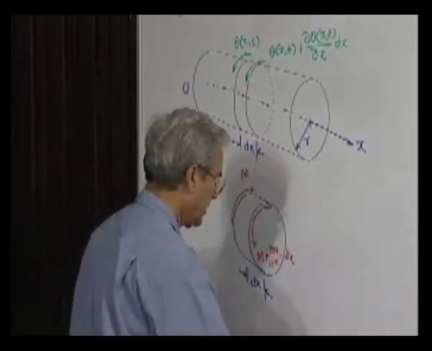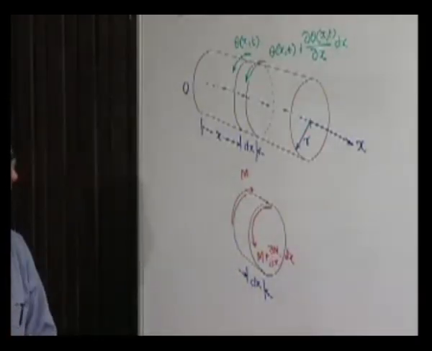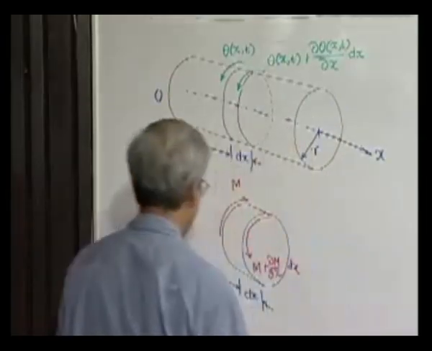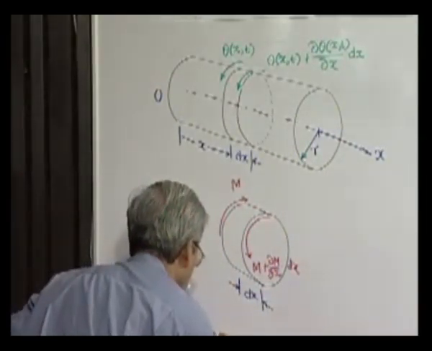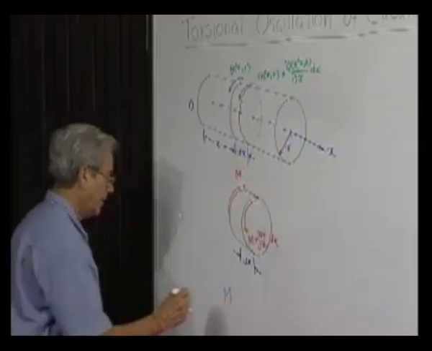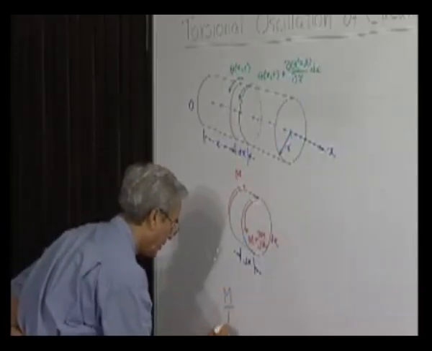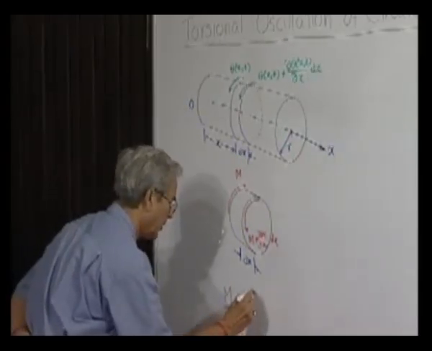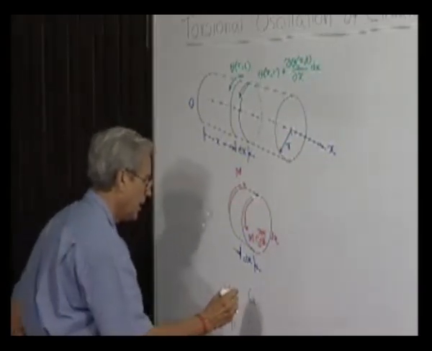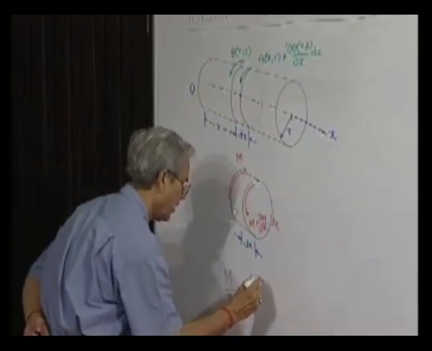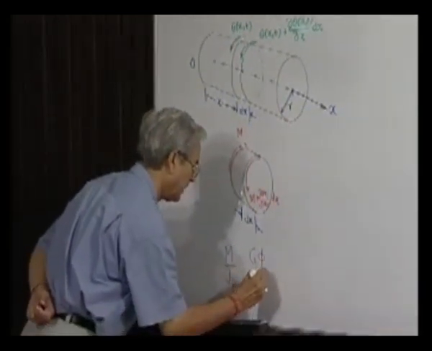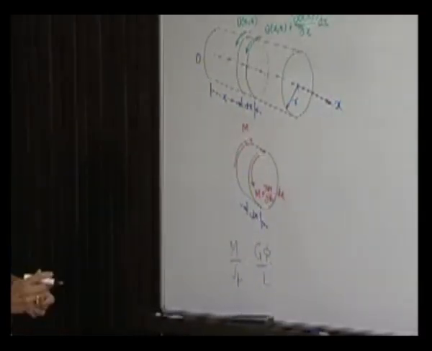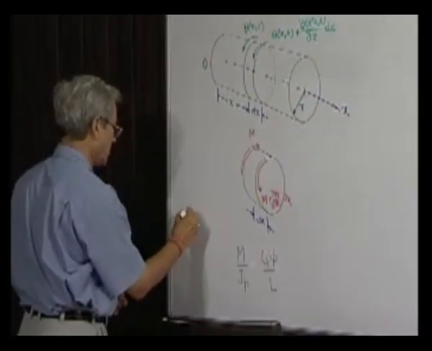Then the twist which this shaft is subjected to, it may be an element, but nevertheless it is a shaft, will satisfy our standard relation: moment on a shaft divided by the polar second moment of area is equal to shear modulus G times the amount of twist phi divided by the length L. This is the standard relation we know for the torsion of a shaft.